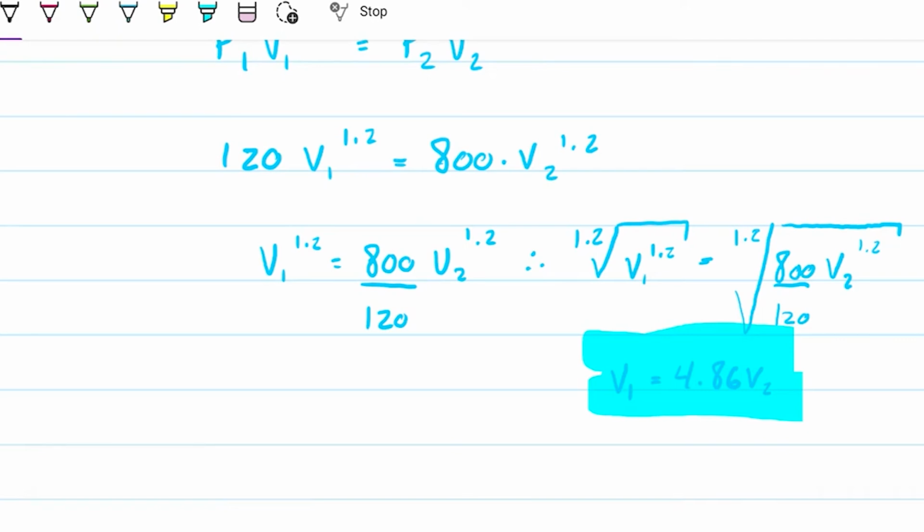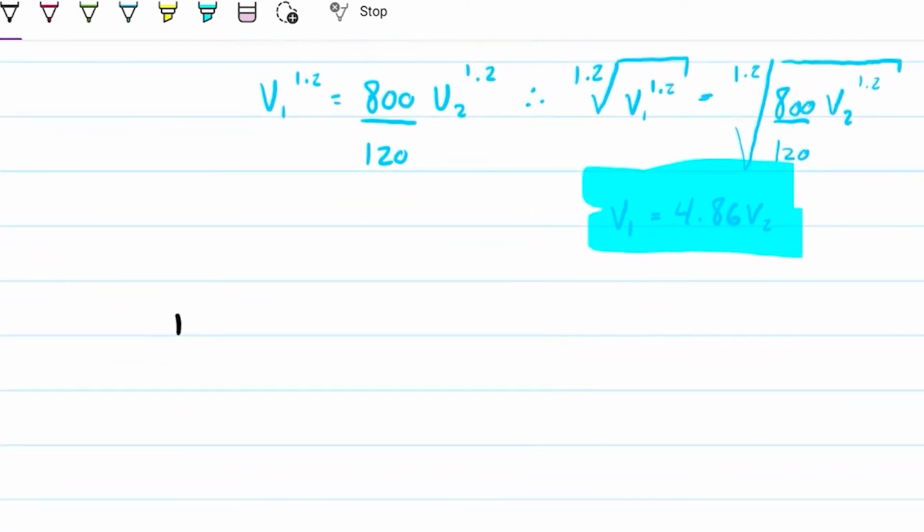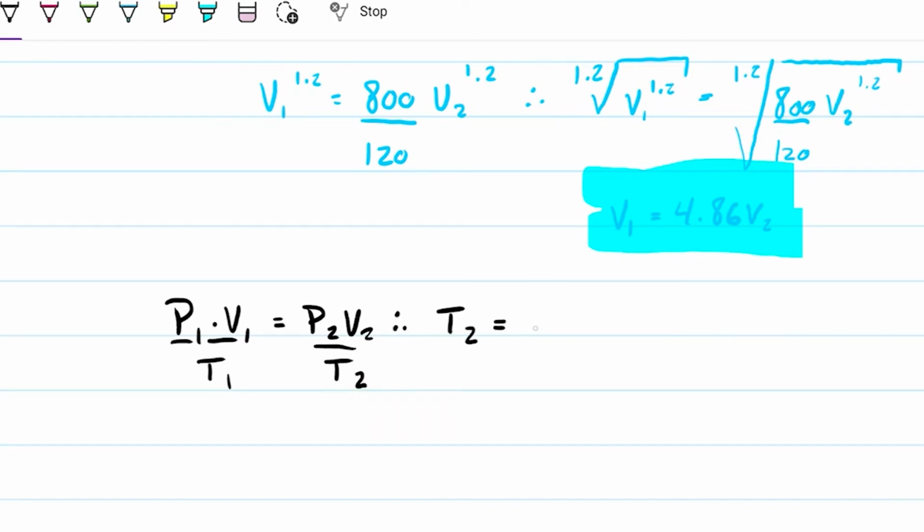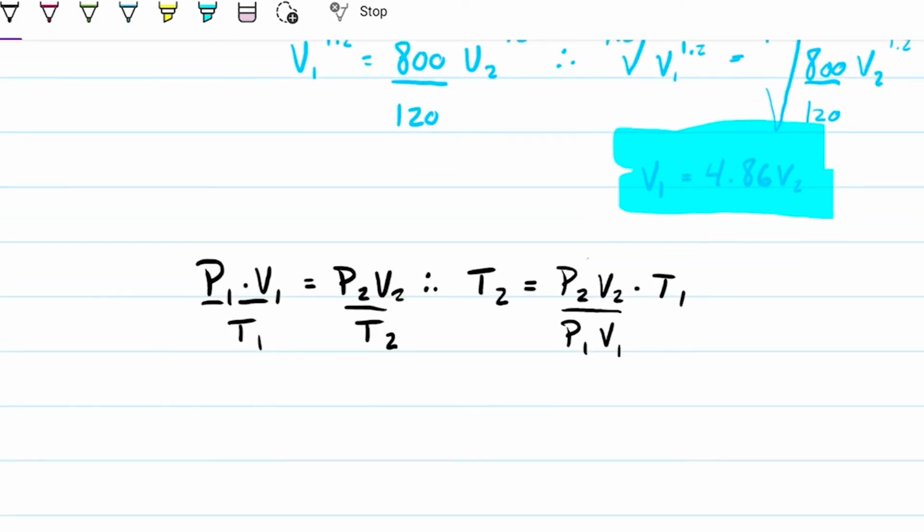Cool, so how can I apply this now? Note that we had a relationship that said P1 V1 over T1 is equal to P2 V2 over T2. So if I want to solve for T2, all I need to do is P2 V2 times T1 divided by P1 V1.